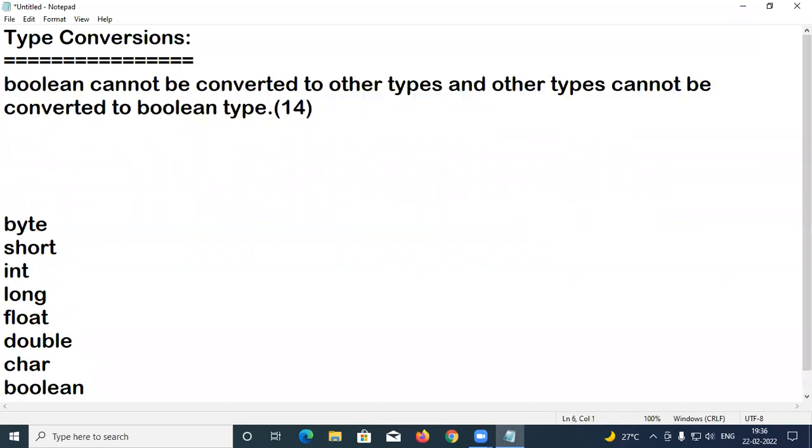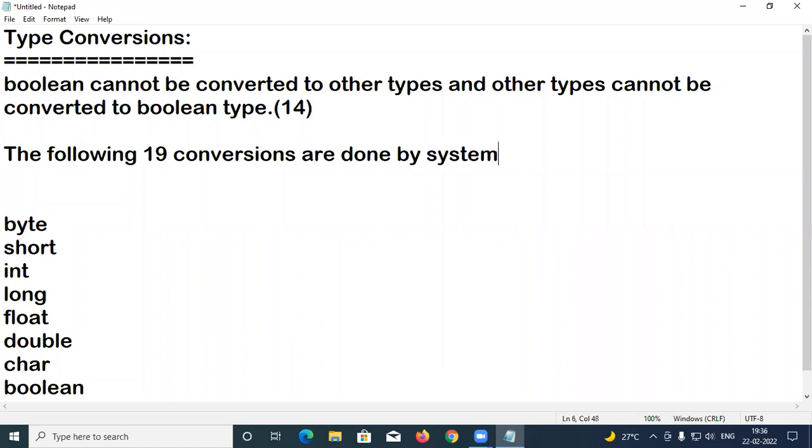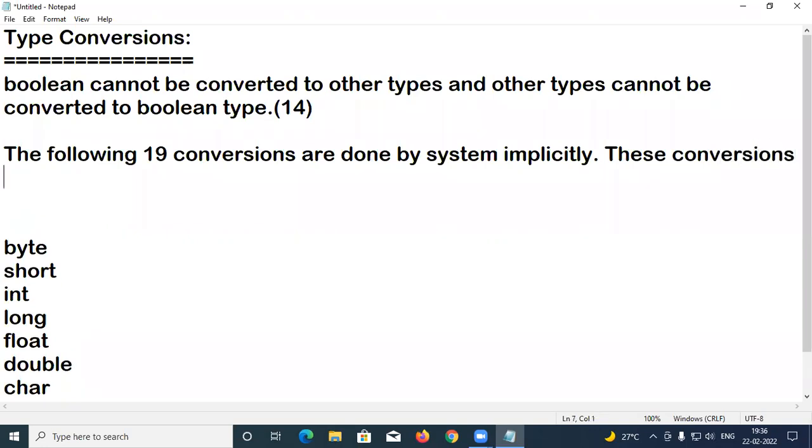Now next, write it. The following 19 conversions are done by the system implicitly. These conversions are called widening conversions.